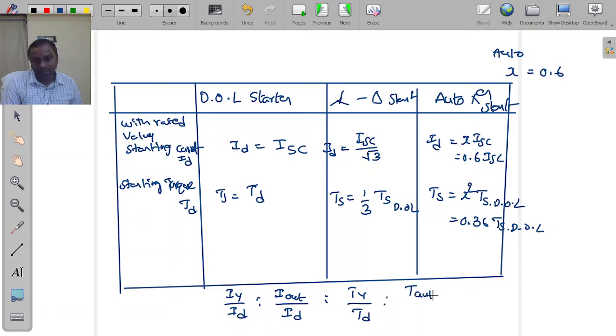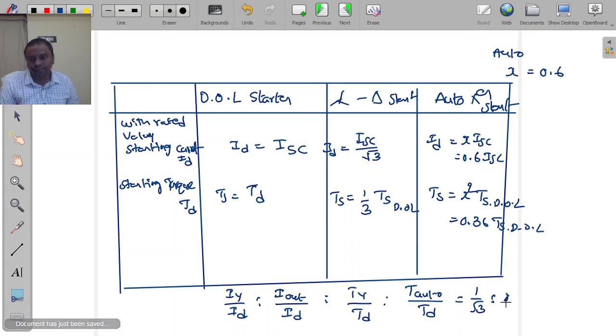Starting torque with the auto transformer with a direct DOL start. Now this divided by this will become 1 by root 3. Similarly, this divided by this will become 0.6.